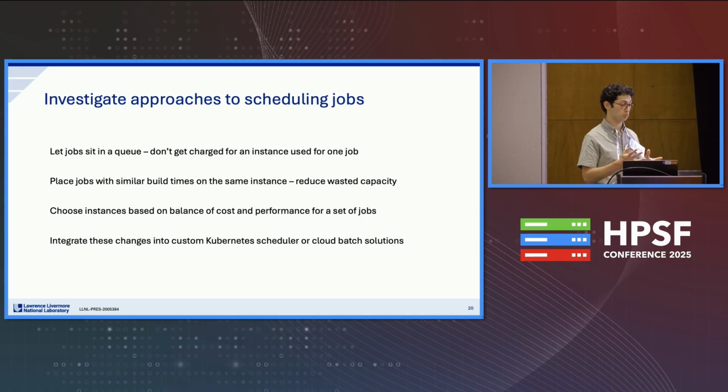We could look at implementing a queuing system for this, and also picking jobs with similar build times on a single AWS instance, so they're all running in parallel, so there's not this inconsistency with 10 jobs taking 5 minutes to run, and then another job taking an hour to run, and then you have all these wasted resources on the node with nothing else to run on. So we're looking at doing this in a custom Kubernetes scheduler, or looking at cloud batch solutions like AWS ParallelCluster.